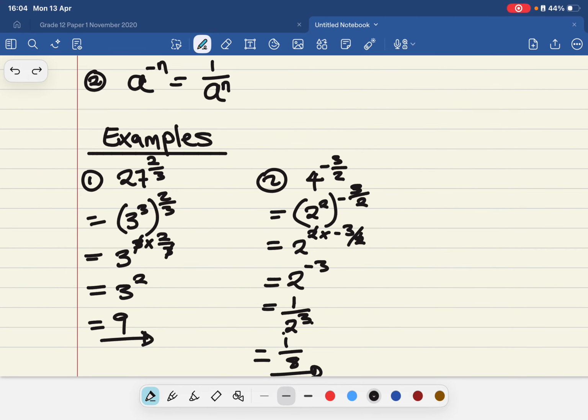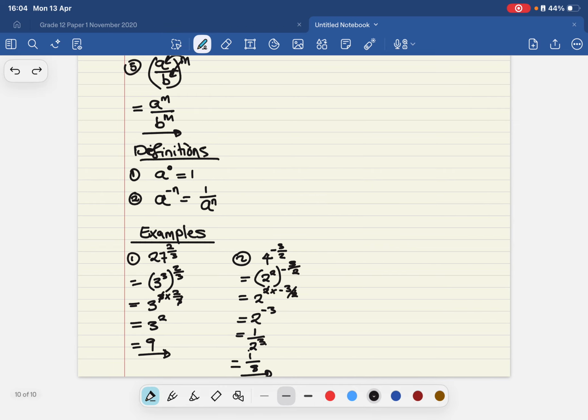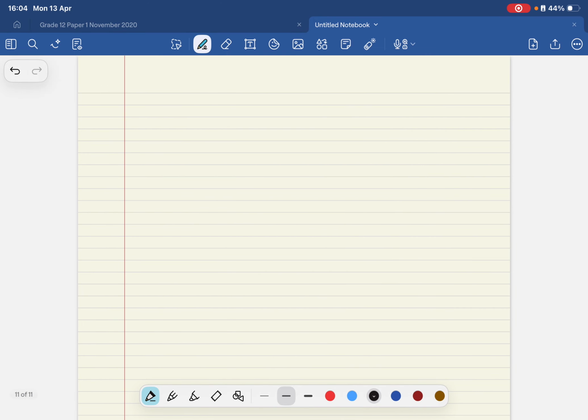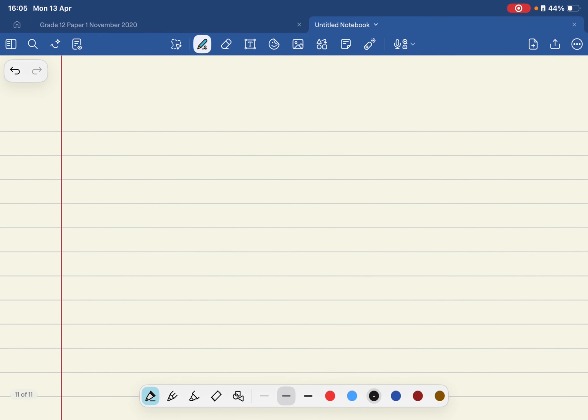So these will be the 2 examples that have to do with the third law of exponents. Right, then let us dive deeper into more challenging problems. So this one will be example 2.